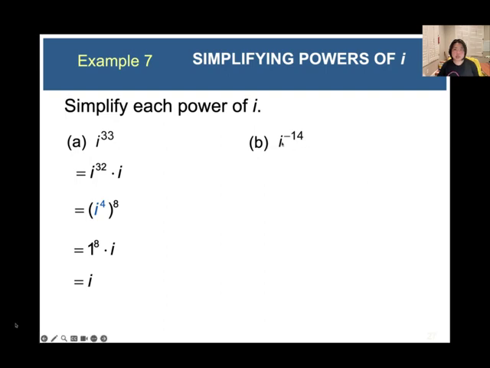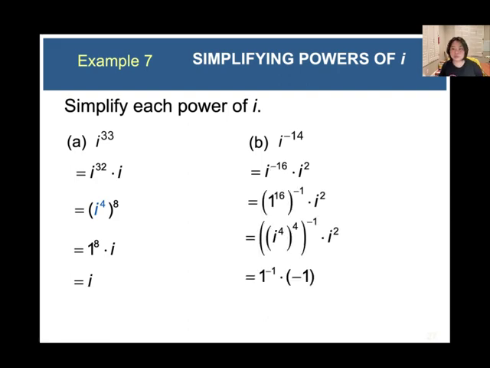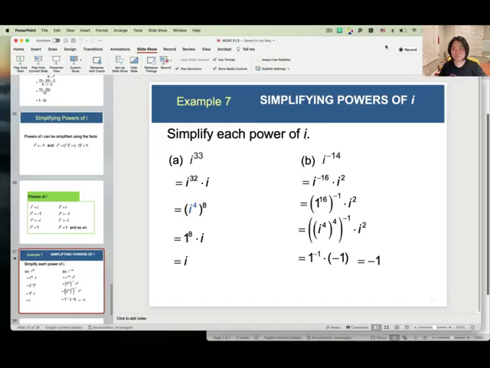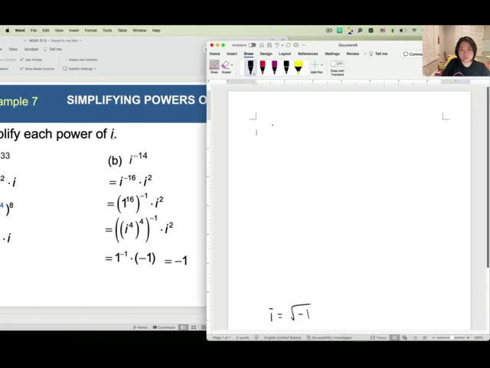Okay, this one, i to the power of -14. This is an even number. This is how they do it, but I think it's too complicated. Let me show you guys my method for this one. For i to the -14, first, I'm going to take care of the negative exponent. So I have 1 over i to the 14 here.